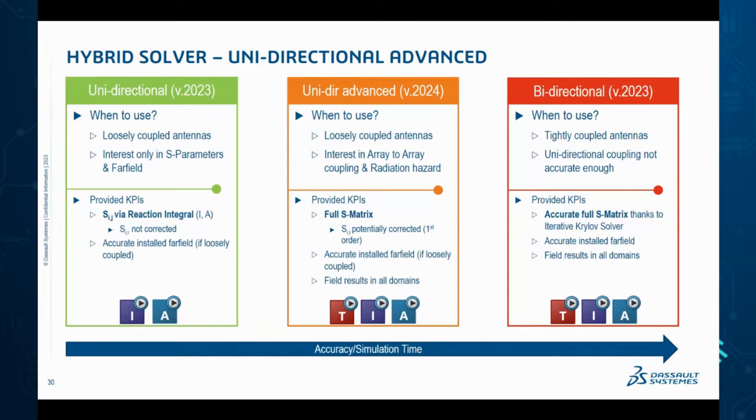On the other hand, a bidirectional approach is an interactive calculation that exchanges information between the platform model and the source models in order to get a fully accurate S parameter. Because it is interactive, it might take a little more time to converge the results. And this advanced option sits exactly in the middle, where we have the improvements, and we will see a little more detail on when it is best to use it.